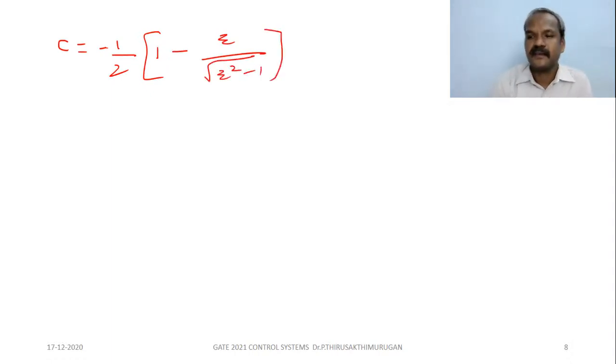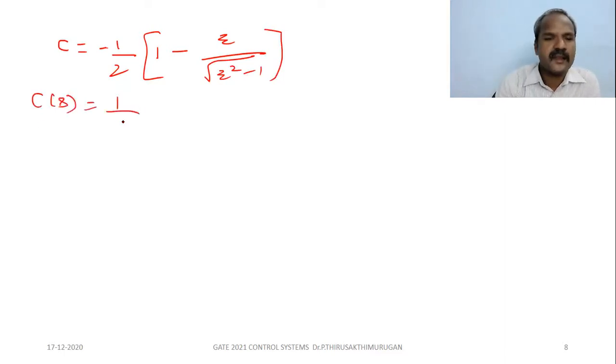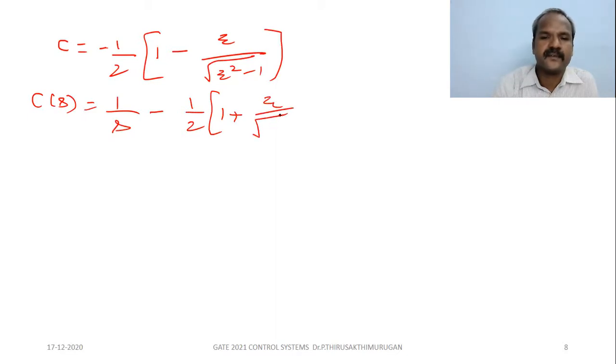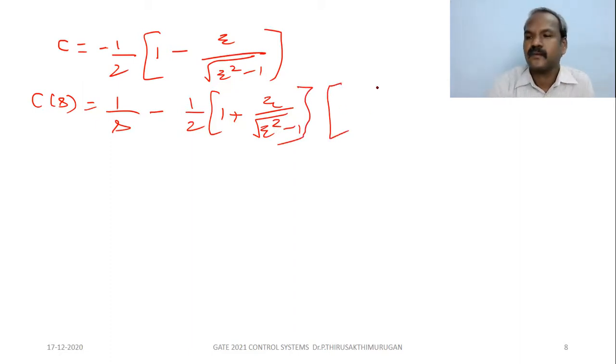This is C. So now we can write C of S equal to A value, 1 by S, minus 1 by 2 of the B value, 1 plus zeta divided by square root of zeta square minus 1, into 1 by S plus zeta omega n minus omega n square root of zeta square minus 1.